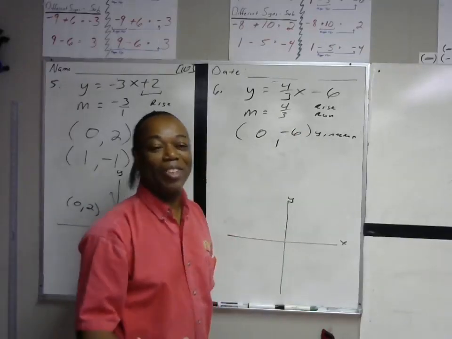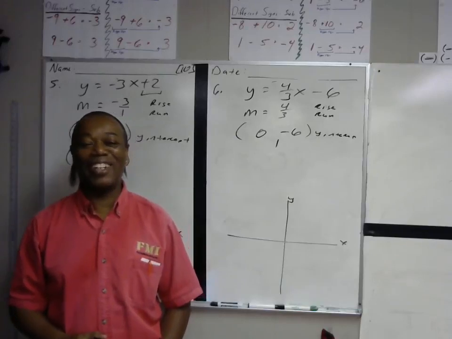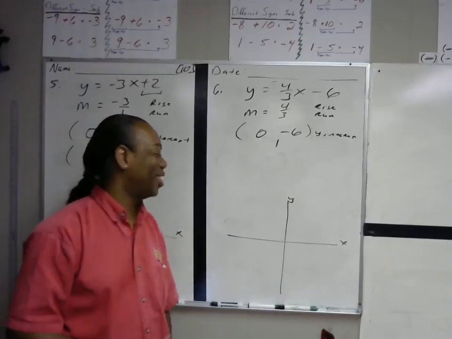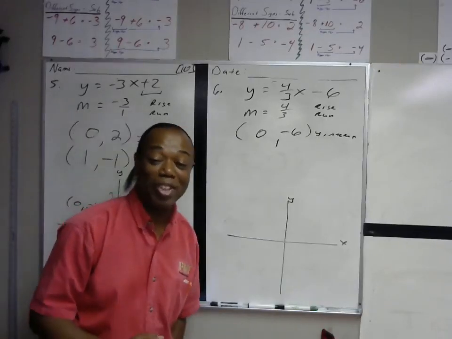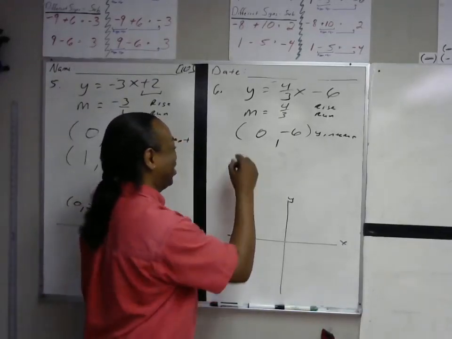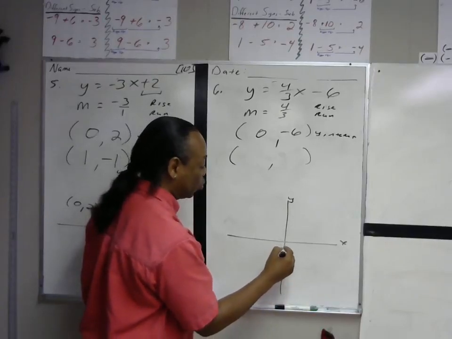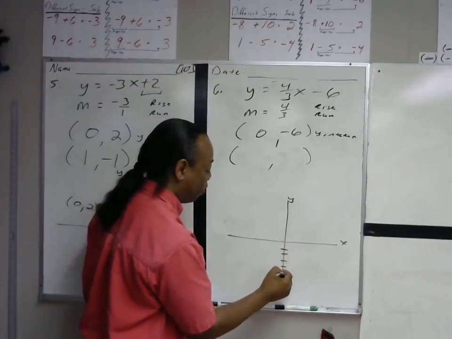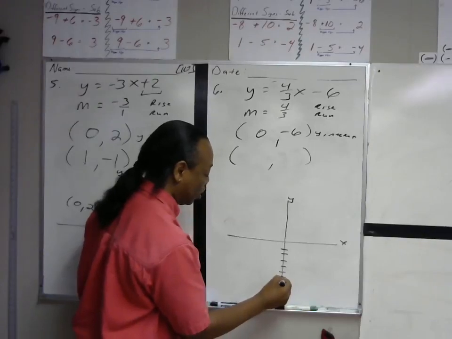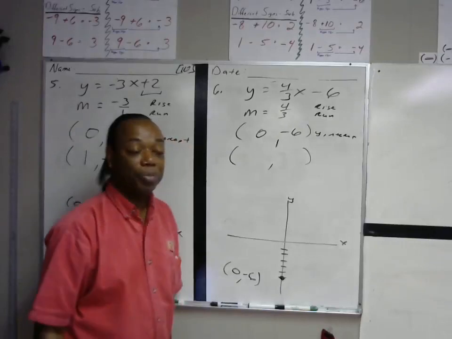Why'd you tell her? I didn't say 0, did I? I know what you told her, -6. All right. So 0, -6 is right here. 1, 2, 3, 4, 5, 6. That's the y-intercept right there.